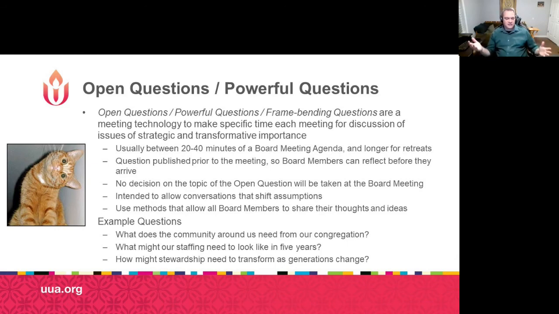So if the open question is, what would it mean for our congregation to invest in a campus ministry? There will not be a vote in that meeting about investing in a campus ministry. There will just be a conversation about what it would mean if the congregation had a campus ministry as part of its program. And the board members engage and discuss that question.